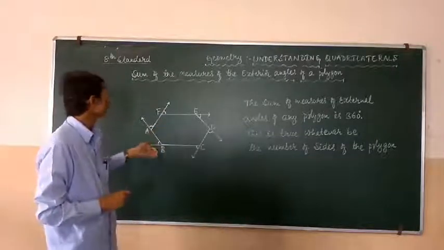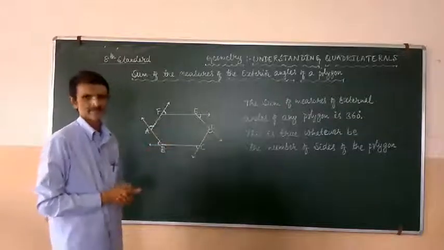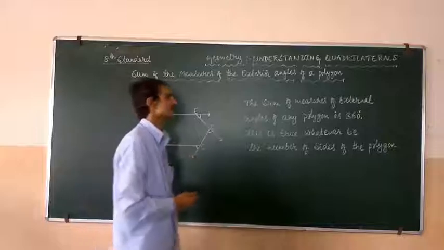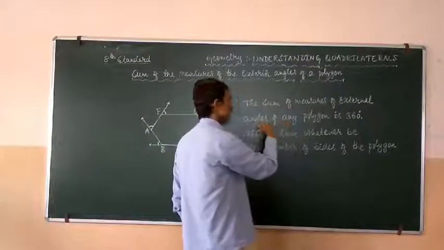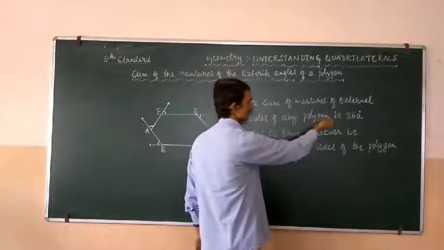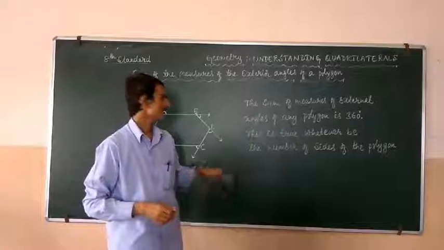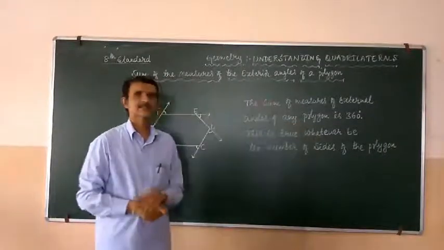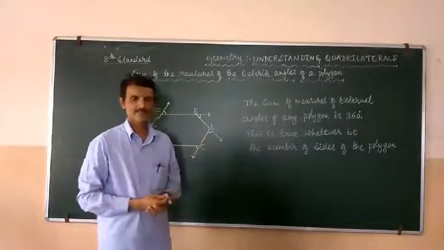Now, the exterior angle sum is fixed. The sum of the measures of the external angles of any polygon is 360 degrees. This is true for any number of sides of a polygon.